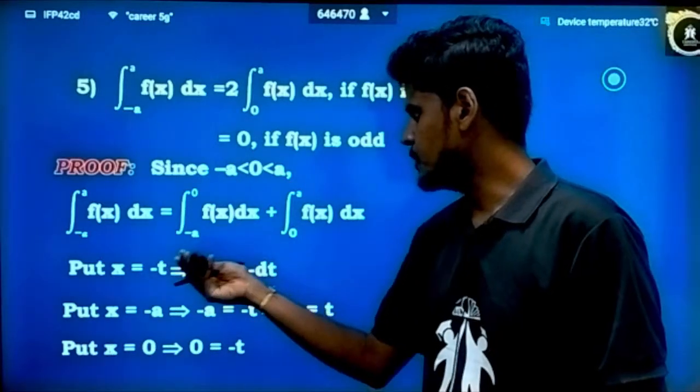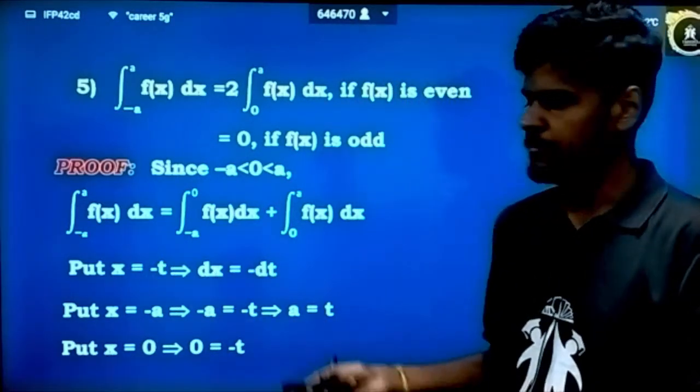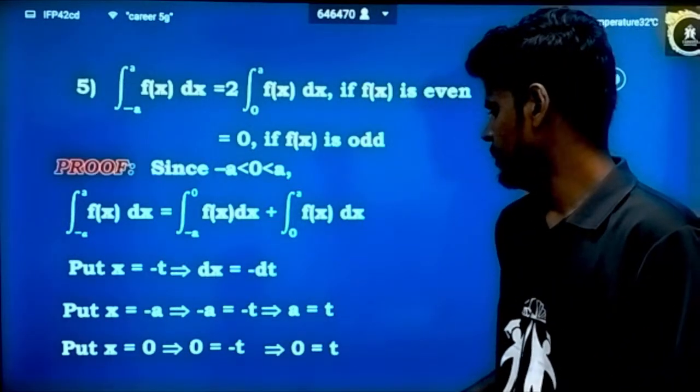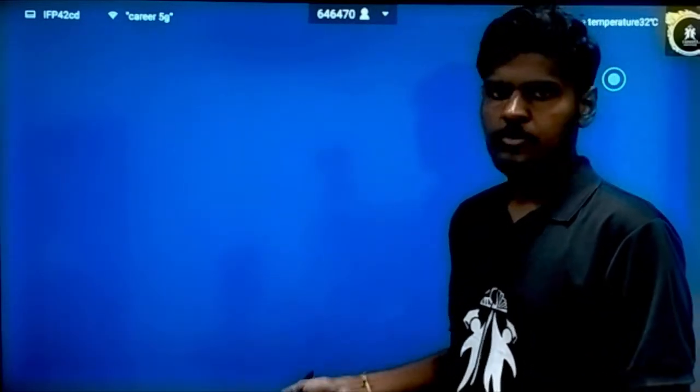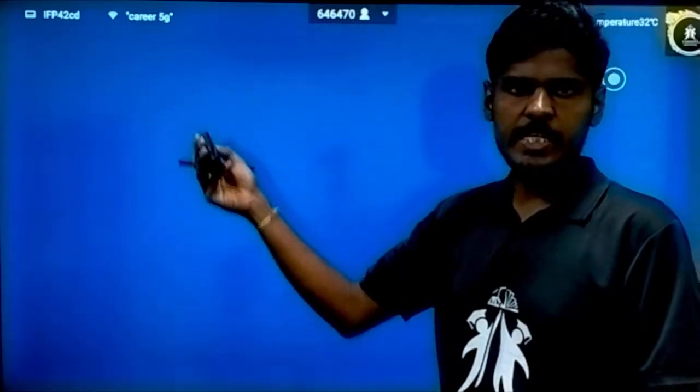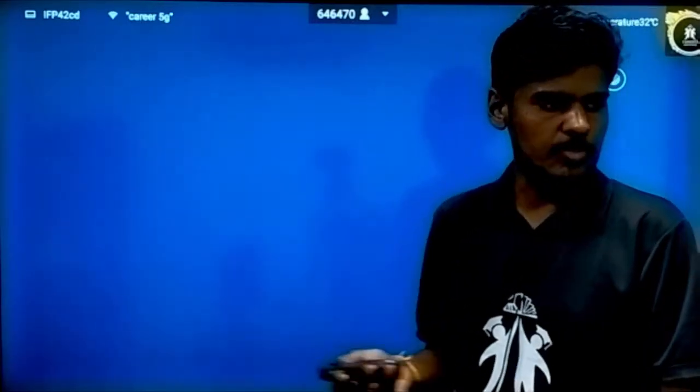What are we substituting? Substitute x is equal to minus t, or minus x is equal to t. Now change the variable of integration as well as change the limit into the variable we choose.